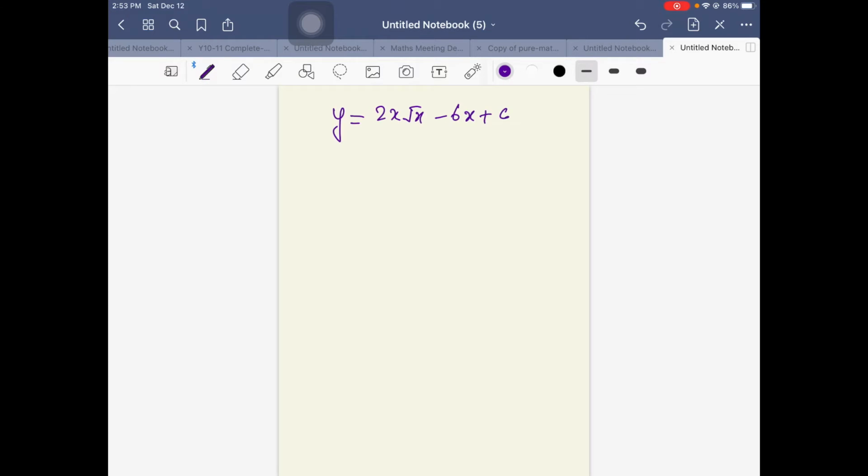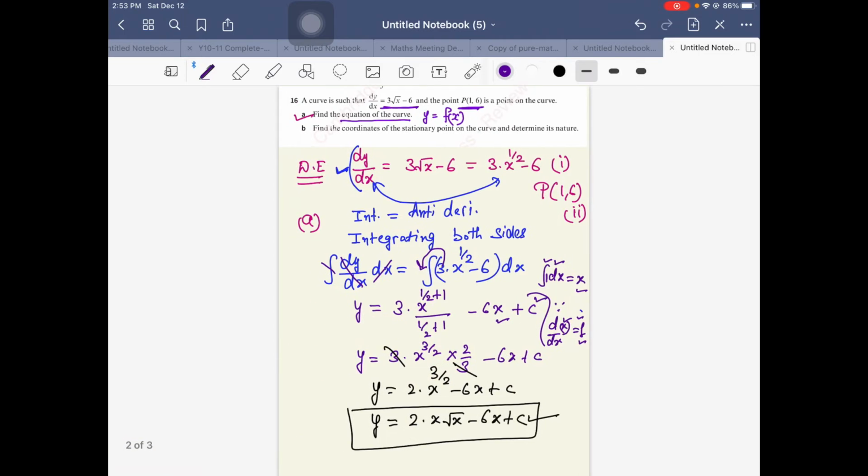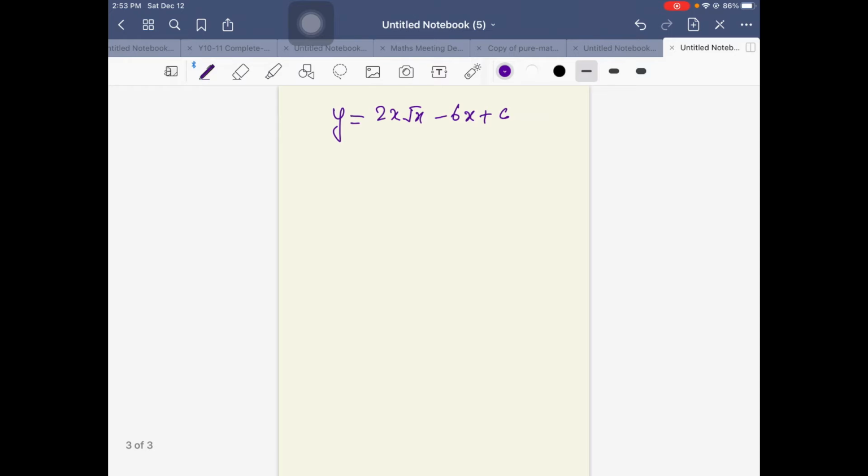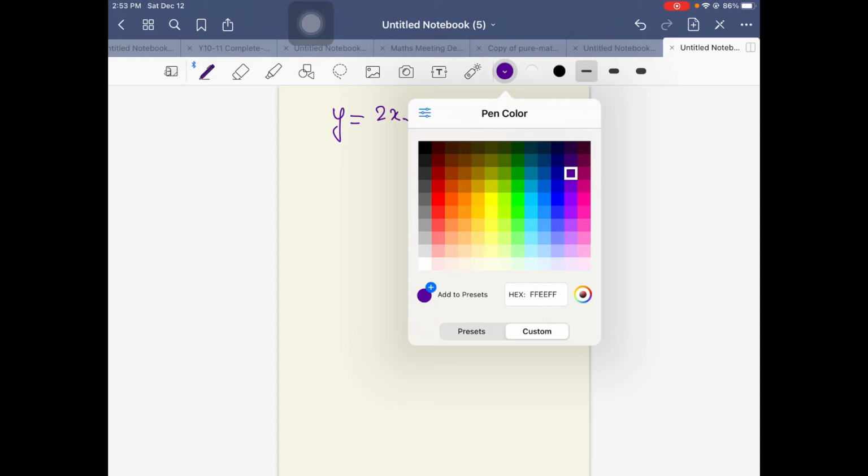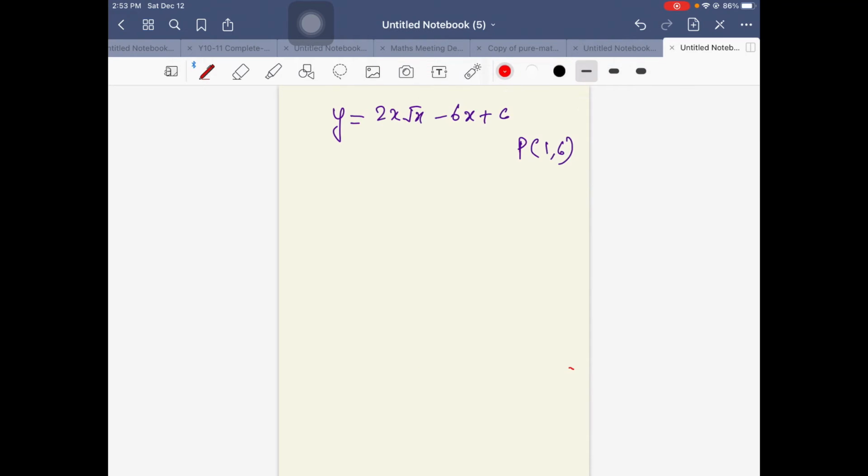Now we are given one point on the curve, and the point was P(1, 6). So this point P(1, 6) lies on the curve. That means we can plug in x equal to 1 and y equal to 6. It's going to satisfy this equation because this point is on the curve, whose equation is this one.